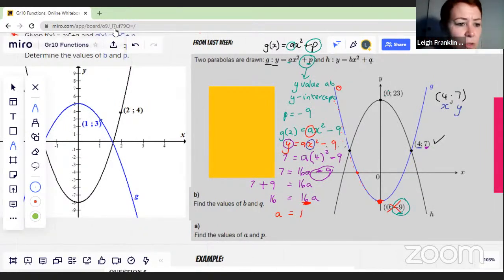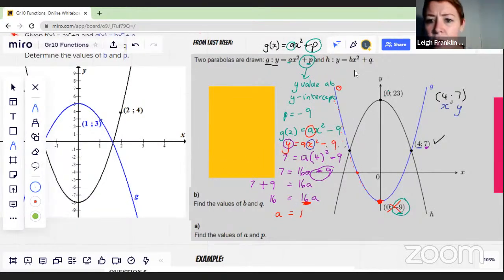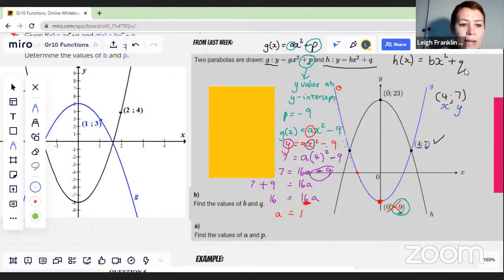So in this question over here, all right, let me just get a pen. So in this one over here, in other words, h of x, the black graph, is equal to bx squared plus q. What I'm going to do is explain why it's negative 2 to Inhlafatso, and then I'm going to come back to the pink one, okay?